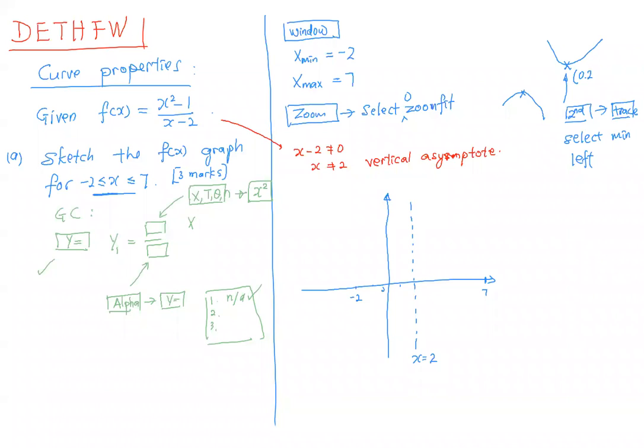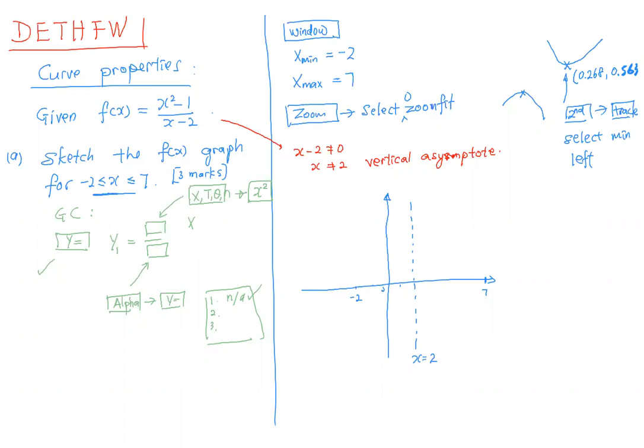0.268 and 536. Is it correct, class? Is this minimum point correct? I don't think so.